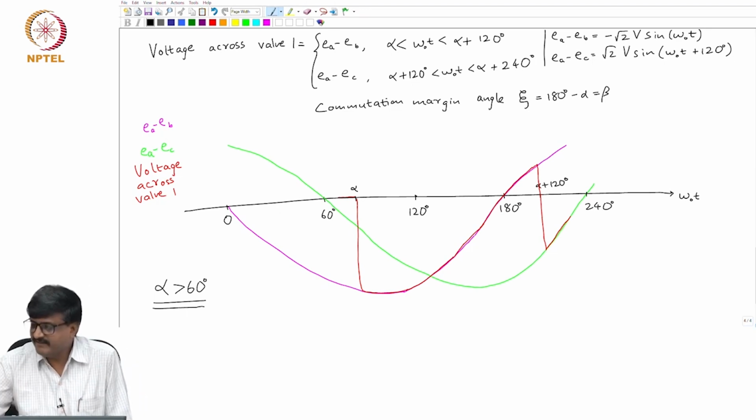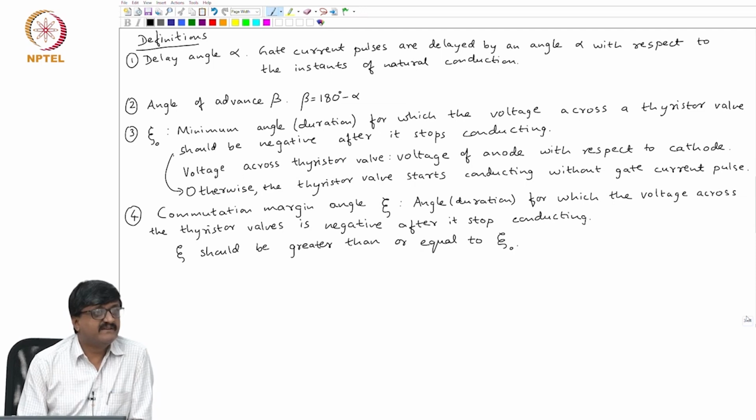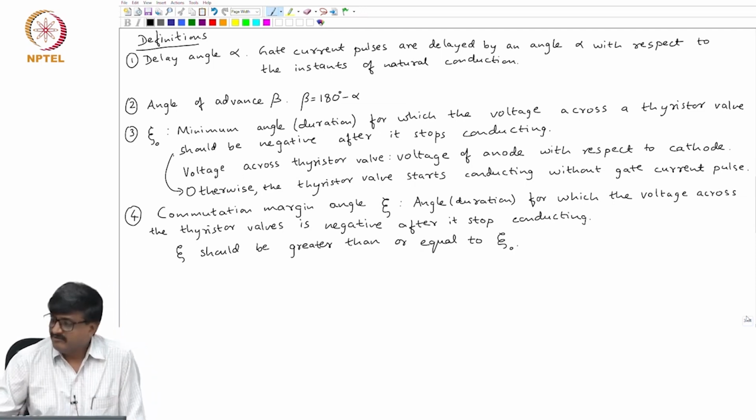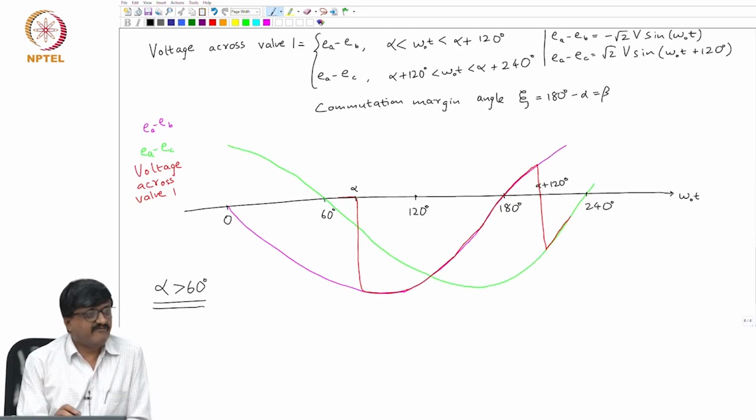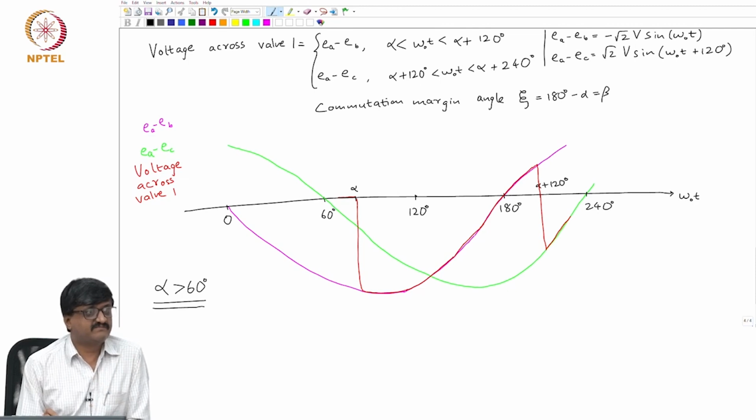Yeah. So, there is a quantity called psi naught. There is a minimum duration for which voltage should be negative. So, alpha cannot go up to 180, it can go only up to 180 minus psi naught. Okay.